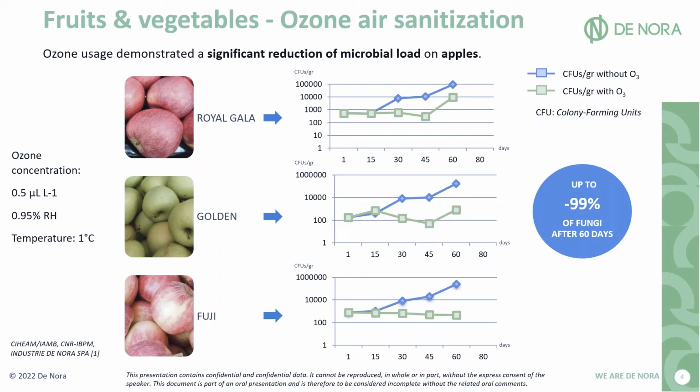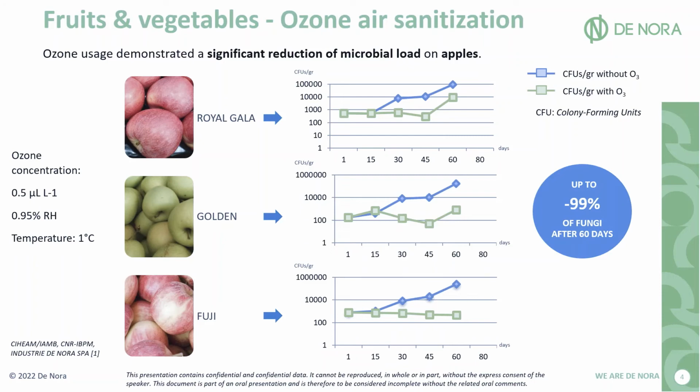As you can see here, ozone sanitation has demonstrated a reduction of microbial loads on apples. You can see the charts, which plot days and colony forming units with ozone and without ozone. As you can see, the condition with ozone gives you the possibility to have 90% fewer fungi after 60 days, after 2 months.